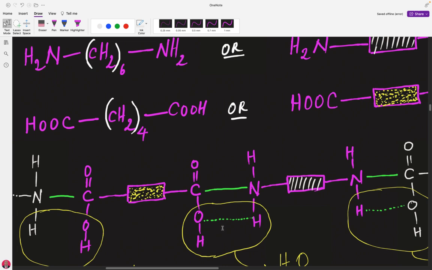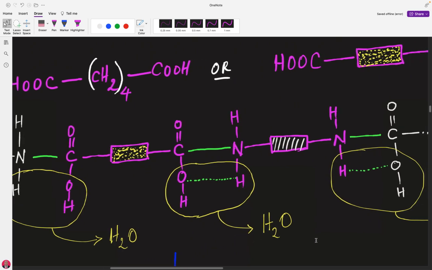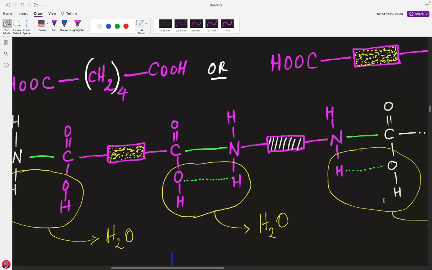The dotted lines I have put here show how a hydrogen bond could be formed between the highly electronegative oxygen and the hydrogen. So when the two functional groups interact, a molecule of water is released.